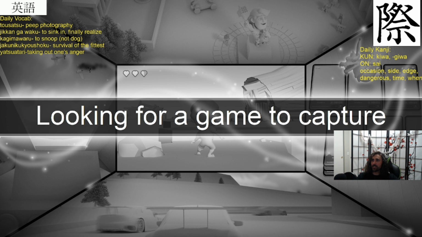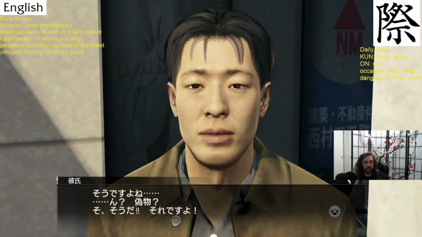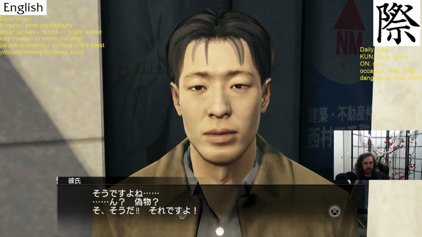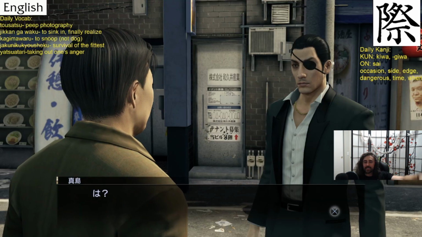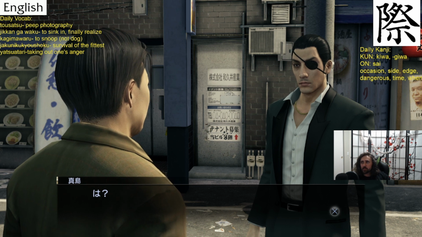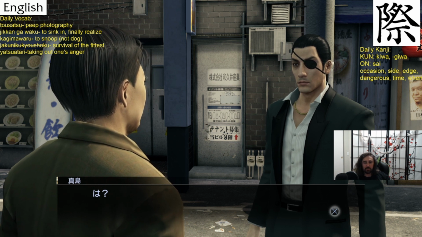Jakuniku kyoshoku, and then yatsu atari, taking out one's anger.